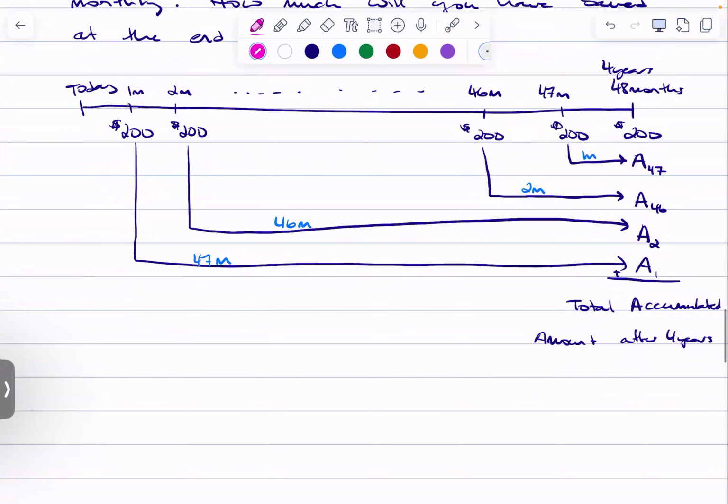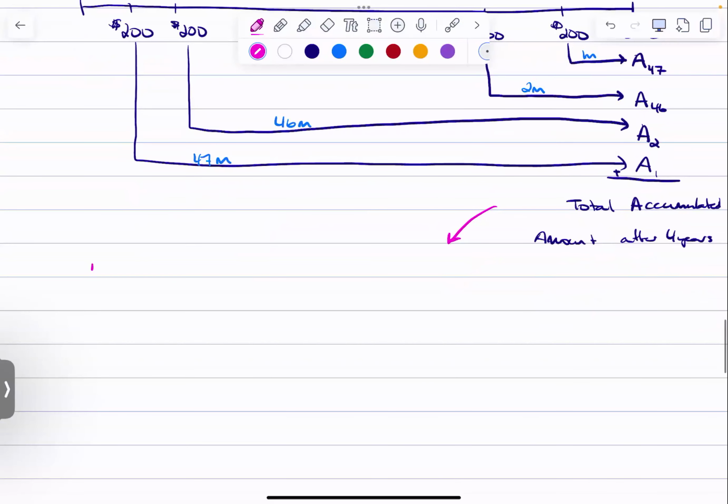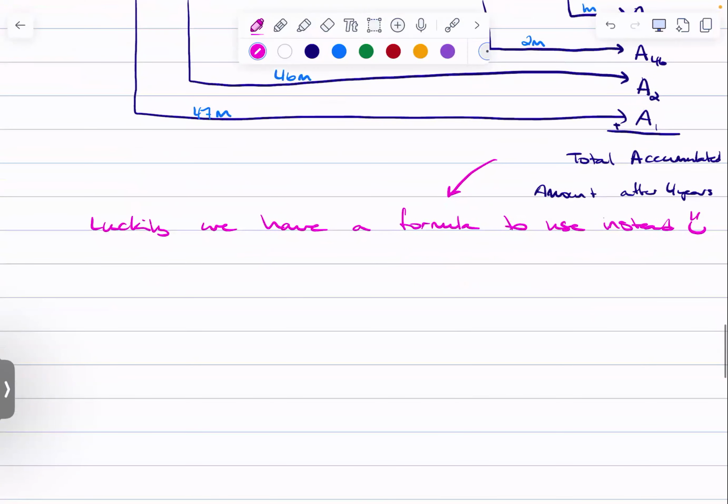So luckily, we have a formula to use instead. Aren't you glad? You could do it this way for shorter payment plans, and that's totally fine.